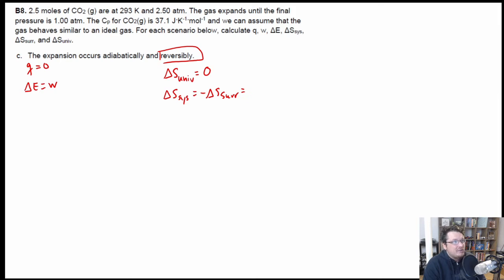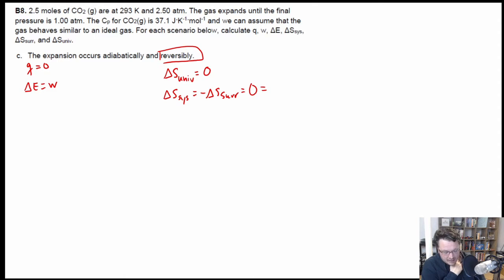But because there's no exchange of heat, no heat flow in or out of the system, delta S of the surroundings is equal to negative Q over T, which is going to be equal to 0 in those cases.